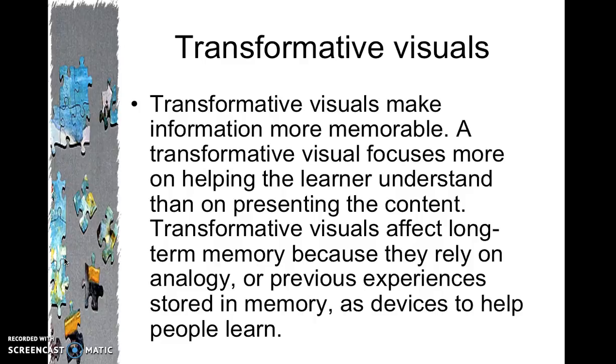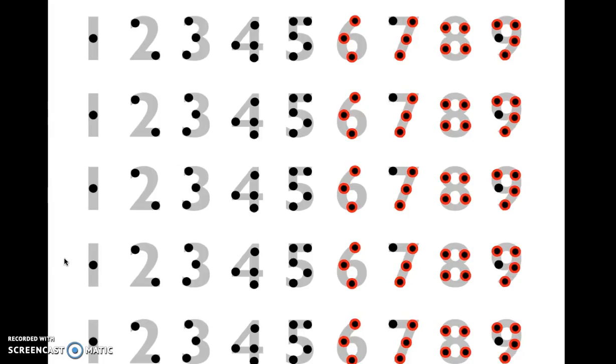Transformative visuals take it to a different level. They make information more memorable. So a transformative visual focuses more on helping the learner understand than on presenting the content. Transformative visuals affect long-term memory because they rely on analogy or previous experiences stored in memory as devices to help people learn. So this is what's called touch math.